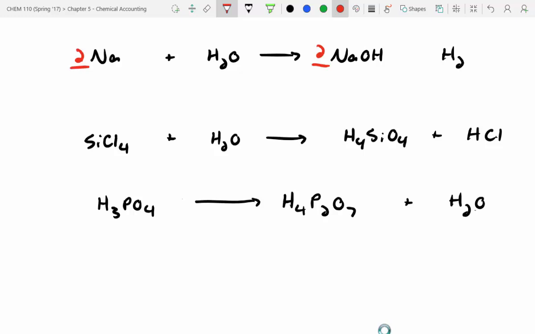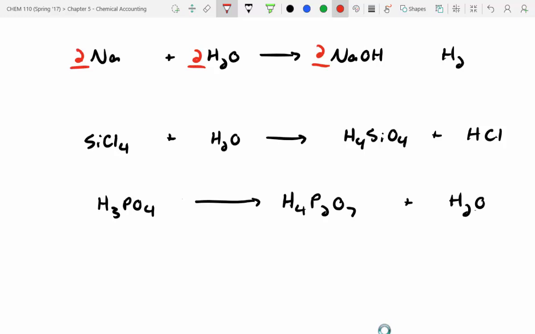Okay, so we'll put a 2 in front of our H2O. So now we double check again. 2 sodiums on the left, 2 on the right, 4 hydrogens on the left, 4 hydrogens on the right. And are we balanced with our oxygens? Yep. So it looks good. We don't have to change anything else. So I normally go with doubling at first, and then if need be, go into more complicated multipliers later on.